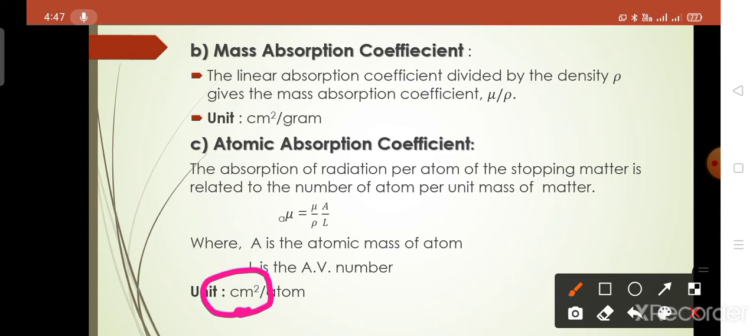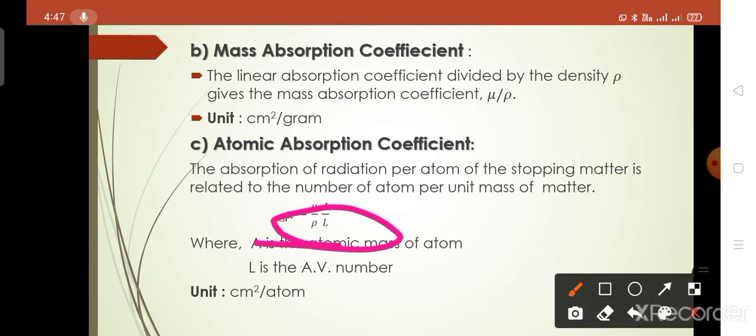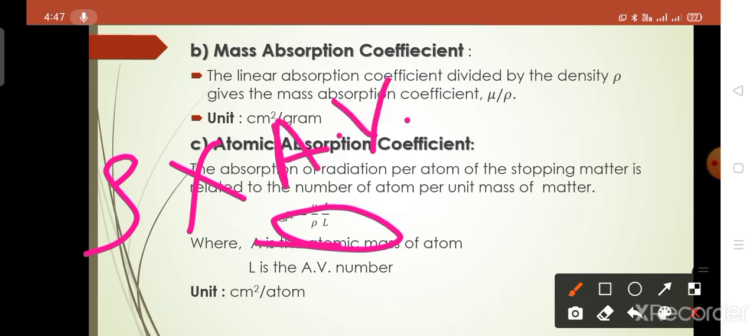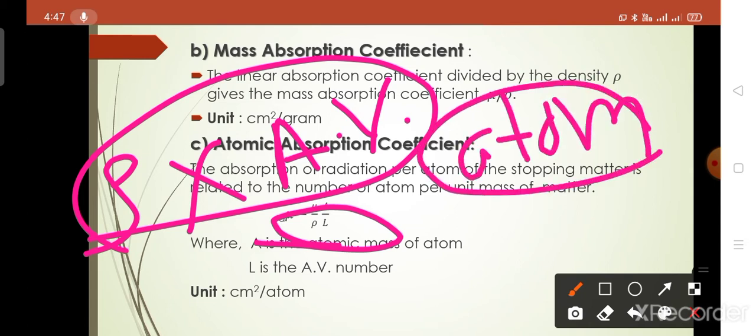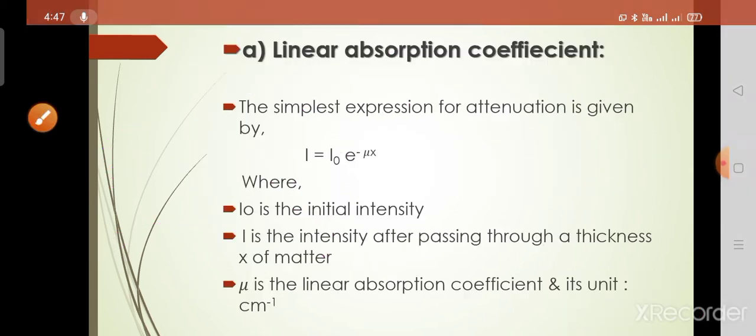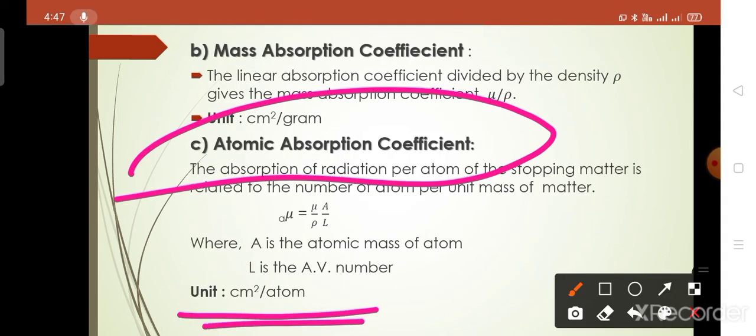This centimeter square is nothing but the unit of mu and A in combination, and the unit of the denominator is of rho and L. It is the product of rho into Avogadro number, and the unit of rho into Avogadro number is atom. That's why the total unit of the atomic absorption coefficient is centimeter square per atom.